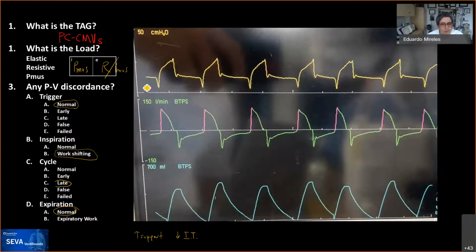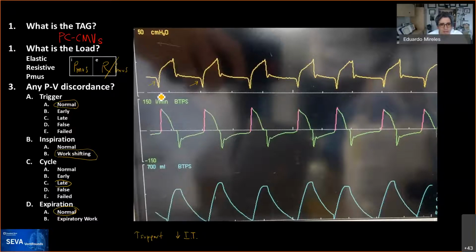Who's triggering the breath? You read it very well. It's a flow trigger. Here's the color change that indicates this is being flow triggered. And you actually can see textbook deflections down on the pressure. Whatever pressure this patient is getting, he almost gets to baseline, which is 0.